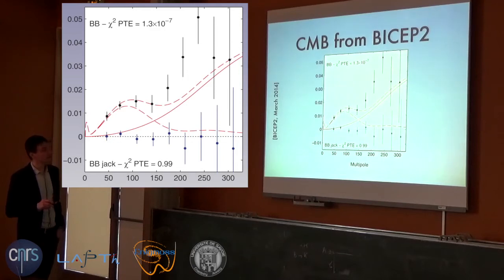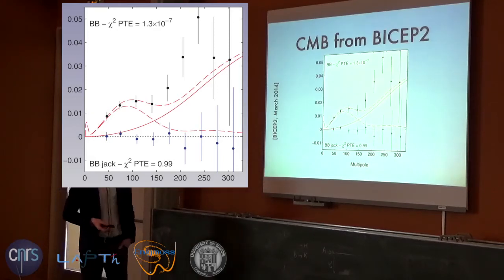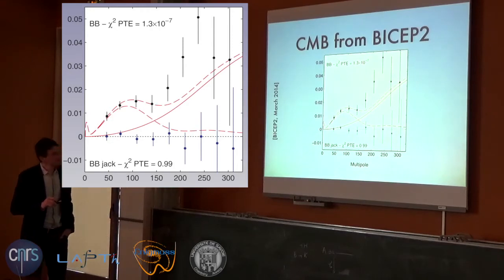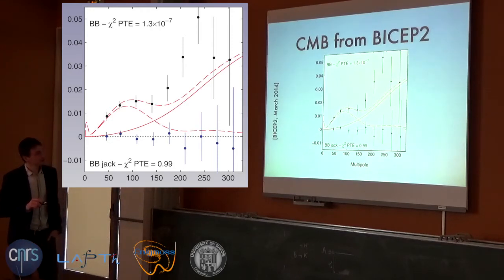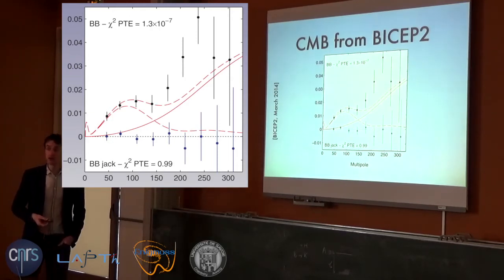You get this bump here for gravitational waves that have an amplitude that is about 1/10 of the scalar perturbations. But the red solid line is the amount of B-type polarization that you get from the lensing of originally E-type polarized light.